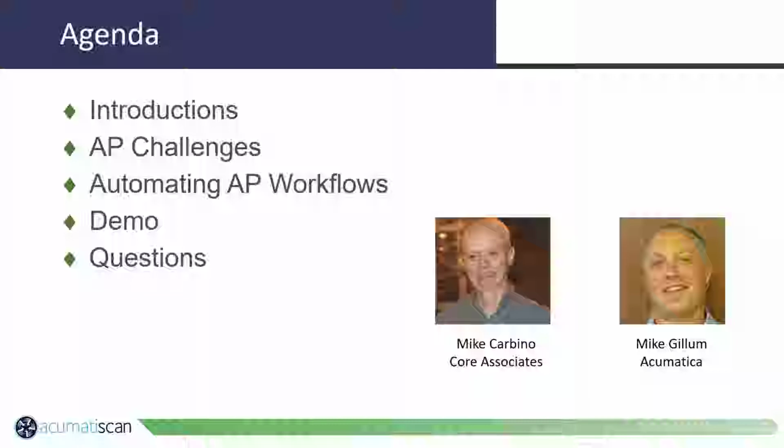We'll talk about automating the AP workflows and how that's done with Acumatica. I'm going to do an actual Acumatica presentation in the product. And then I'm going to turn it over to Mike Gillum, and Mike will take us into Acumatica, and he'll spend some time going through the Acumatica Construction Edition.